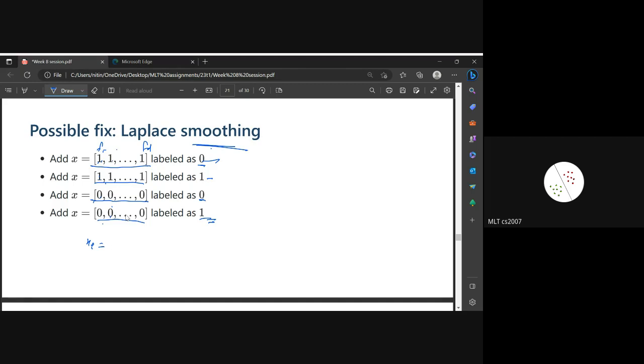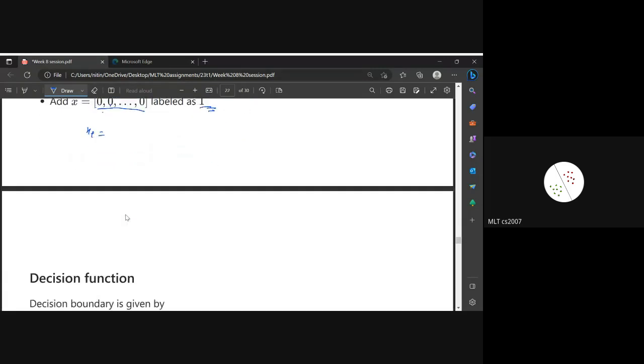So you have to check how many data points belong to class 0 and how many to class 1, and your probabilities will change accordingly. But it won't change by much, because you are adding only 2 data points for each class. It makes sure that your probability estimate will never go to 0. Is there a general formula? No, there is no such general formula; it depends on the number of data points.